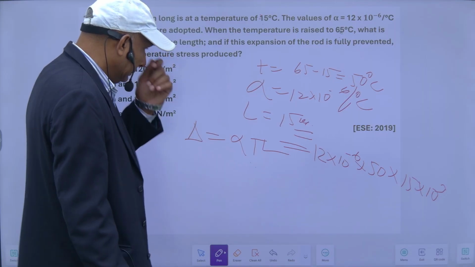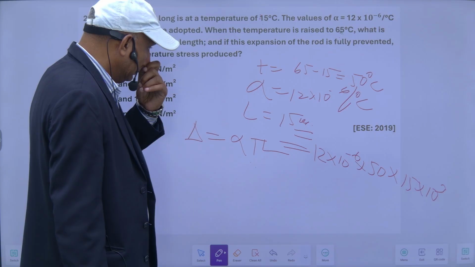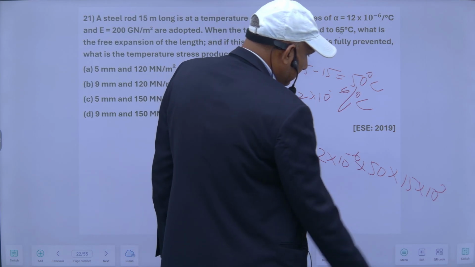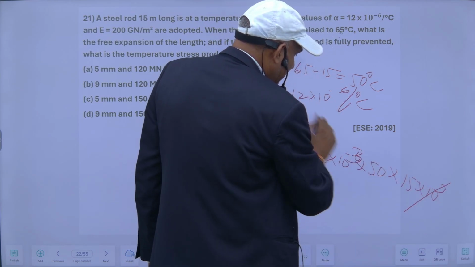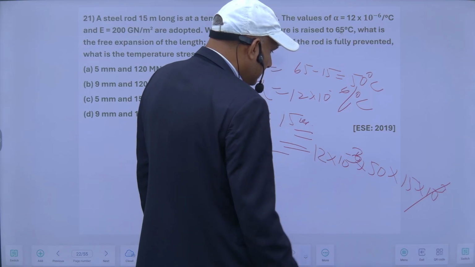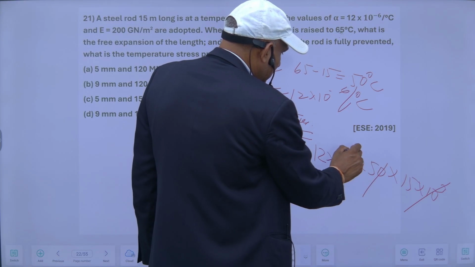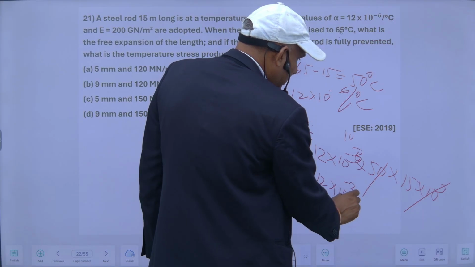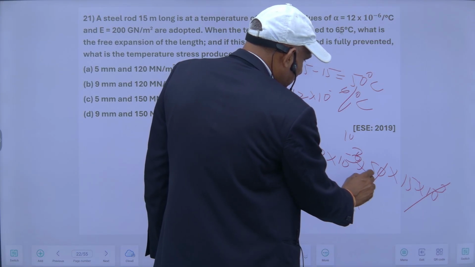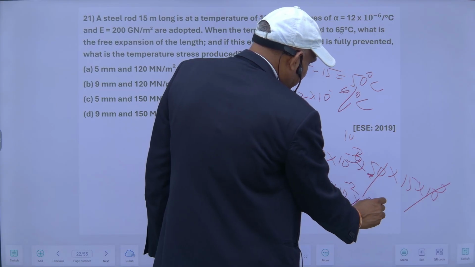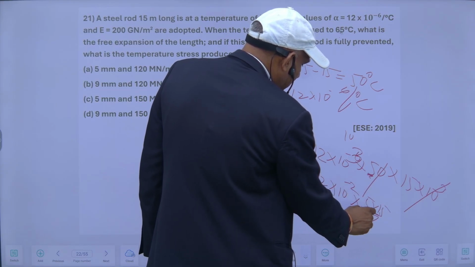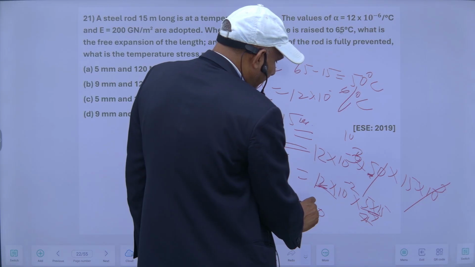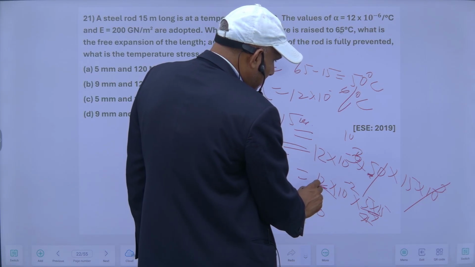So it will be 12 into 10 raised to the power minus 6 into 50 into 15. So this is 75. 75 into 12 is equal to 300.